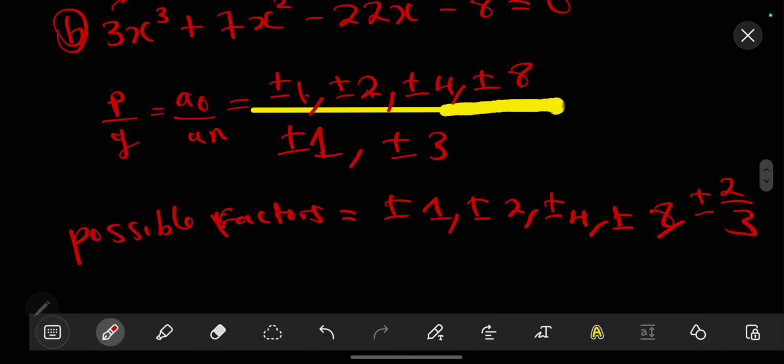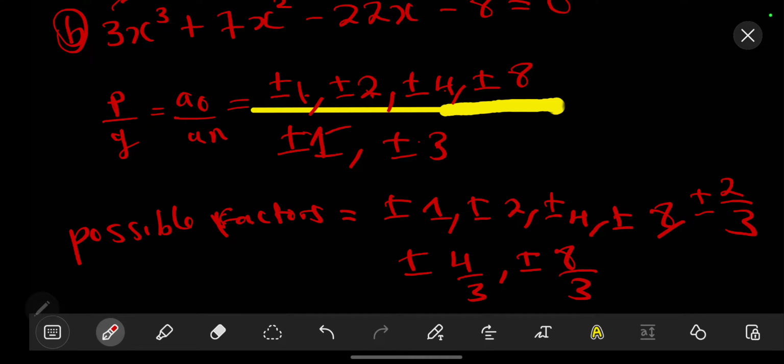The other possible value is 4 divided by 3, so plus or minus 4 over 3, or plus or minus 8 over 3. So remember, the 1, 2, 4 and 8 were first divided by plus or minus 1. These are just the possible values that can be used.